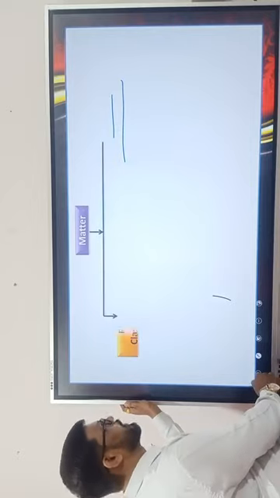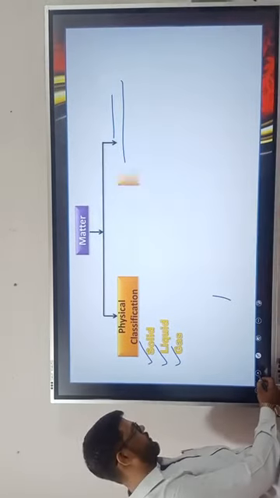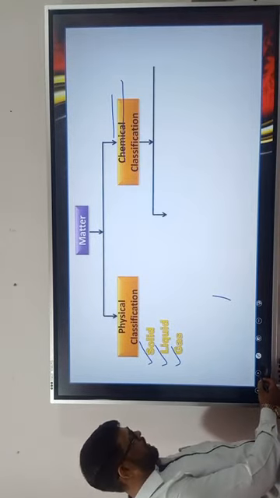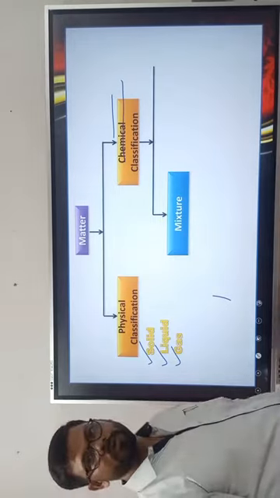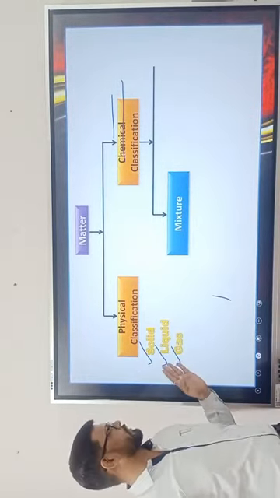So matter is majorly classified in two ways. Physical classification includes solid, liquid and gas, which are the physical states included in our syllabus. The remaining physical states of matter are not included in our syllabus as they are not well studied.